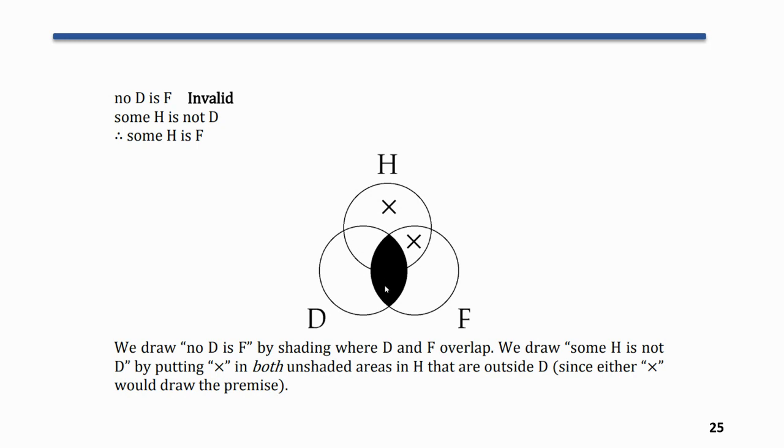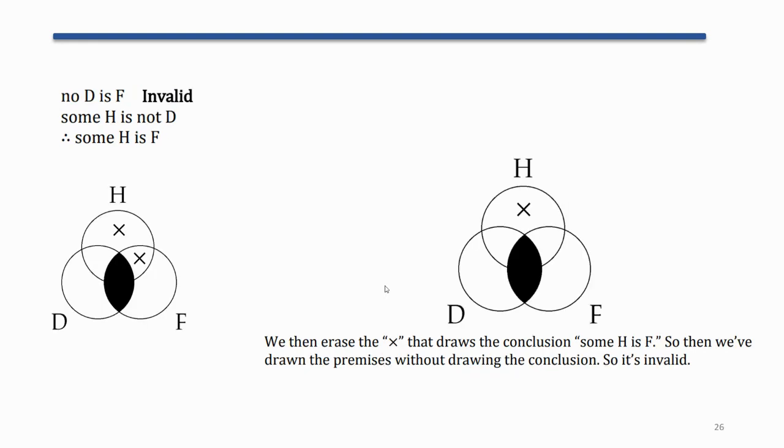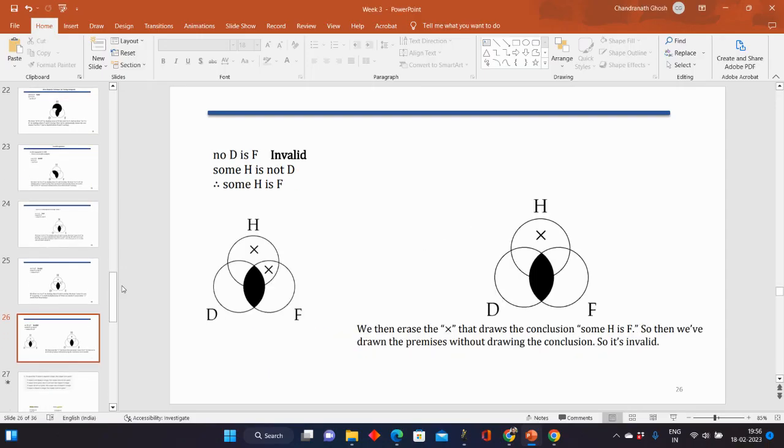But the thing is that we are reaching the conclusion based upon these diagrams only. I mean, there is no hesitation that we are reaching the conclusion based upon these premises. But whether that is valid or invalid, that is a different thing, right? So now again the next one. No D is F. Now between D and F, if you look, no D is F means some shaded area will be there, obviously.